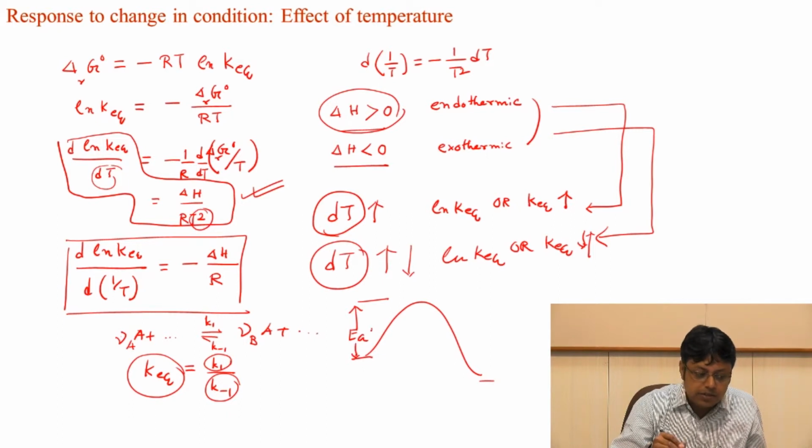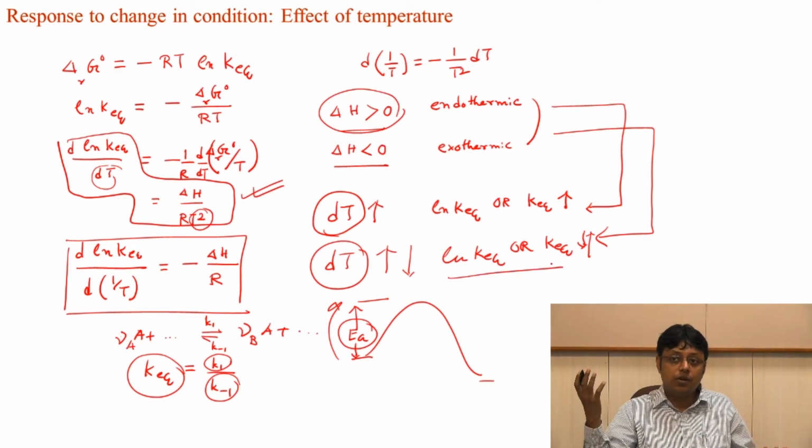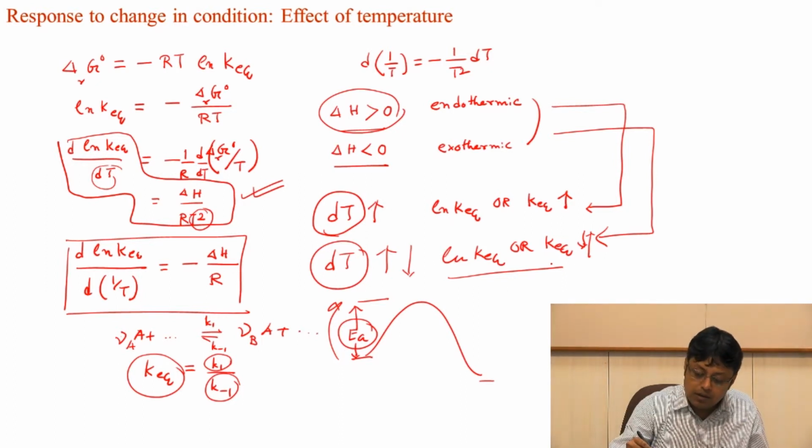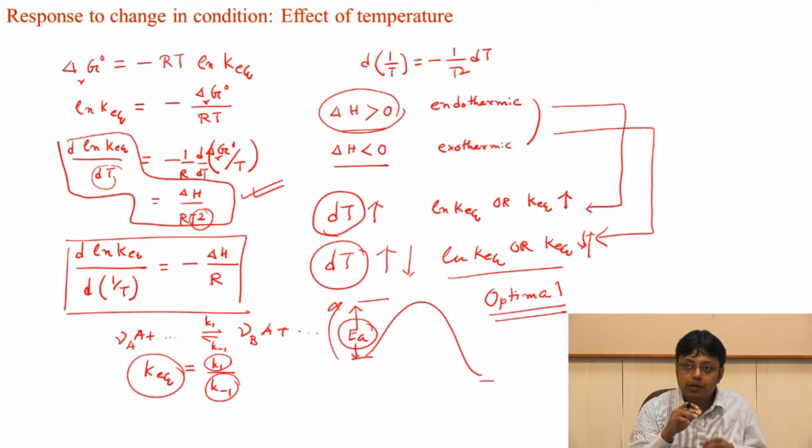This is known as the activation energy, and that energy has to be supplied first. So don't think that if I go to 0 Kelvin, the reaction will be the fastest. It's not like that. You need a minimum temperature, and only then can you have a maximum amount of product. That's the reason we keep the temperature at an optimal value. If you reduce it too much, you cannot get anything.